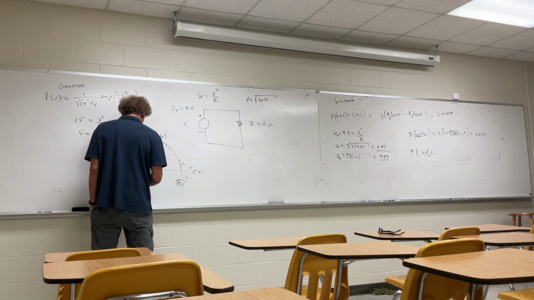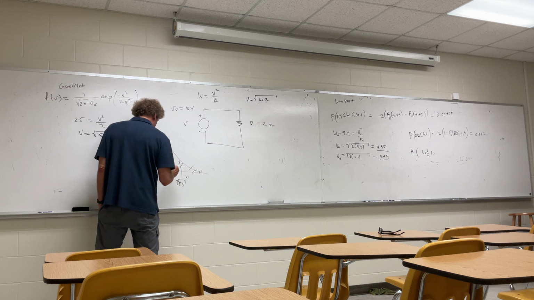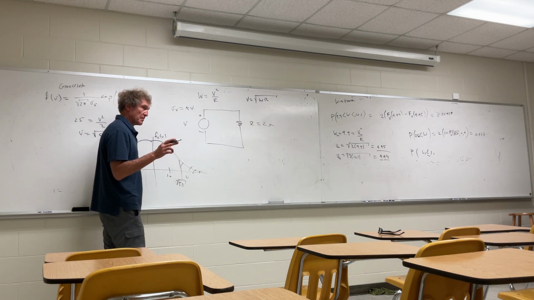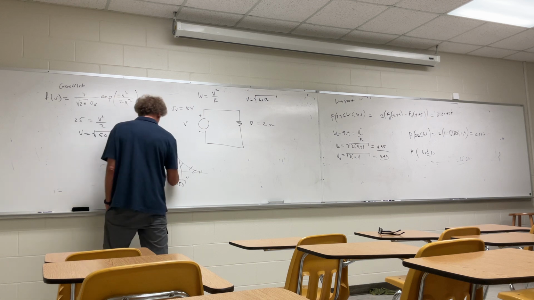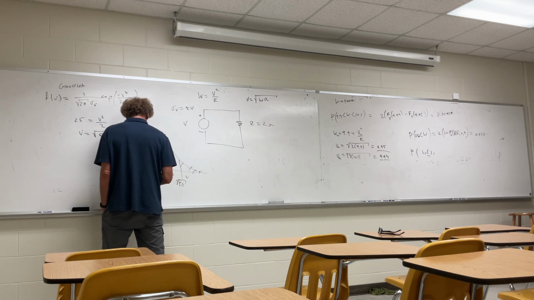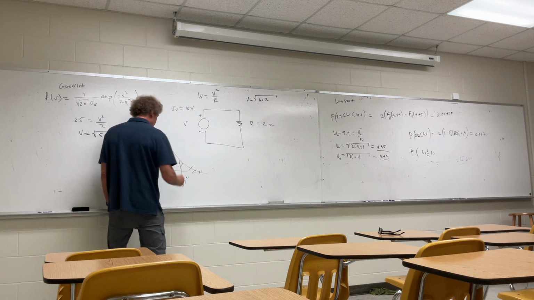If V here is going to be minus 10, positive 10, remember that it's less than or equal to 10 watts, right? So this actually is not 10, it's what? It's going to be the square root of 10 times 2. This is minus the square root of 10 times 2.